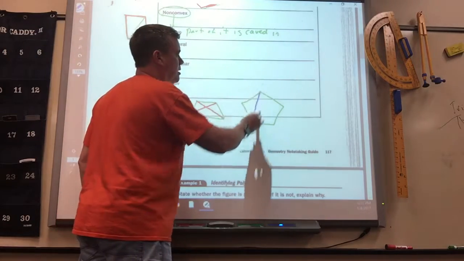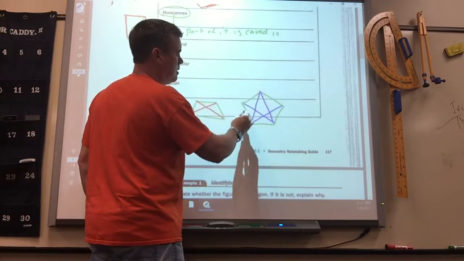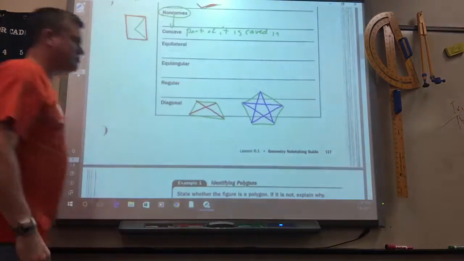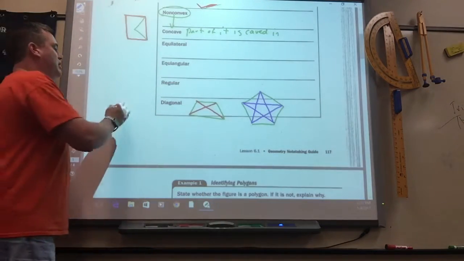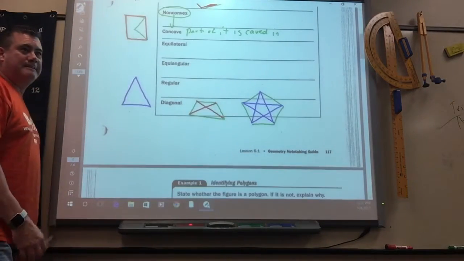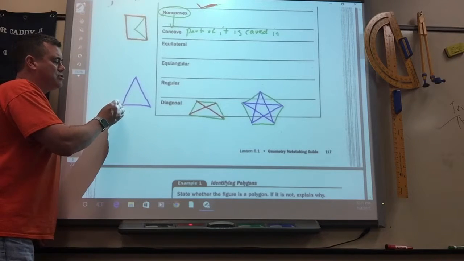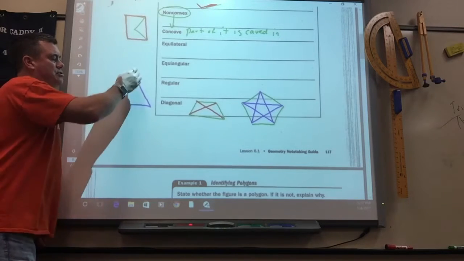A lot. 1, 2, 3, 4, 5. Okay. How about a triangle? How many diagonals does a triangle have? 0. Because the only way to get from one vertex to another is to go on the side.